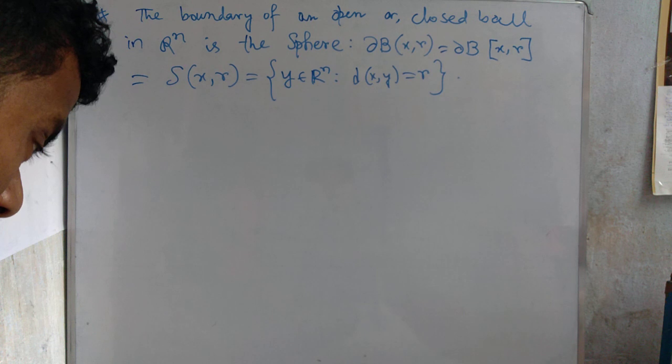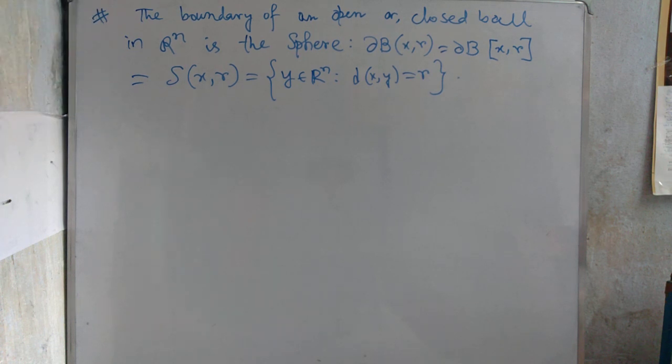Now we discuss this portion. How does this happen? That means the boundary of an open ball and a closed ball.